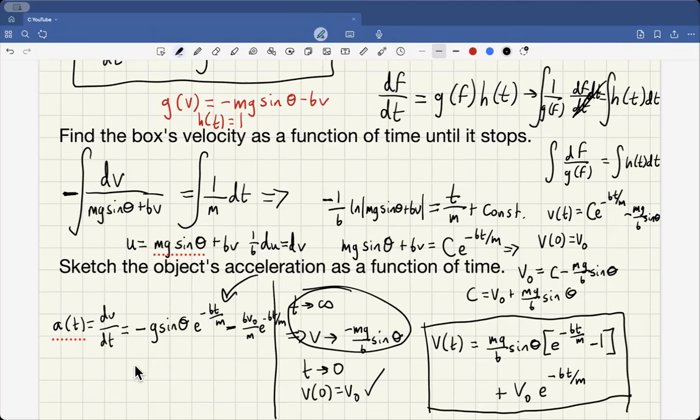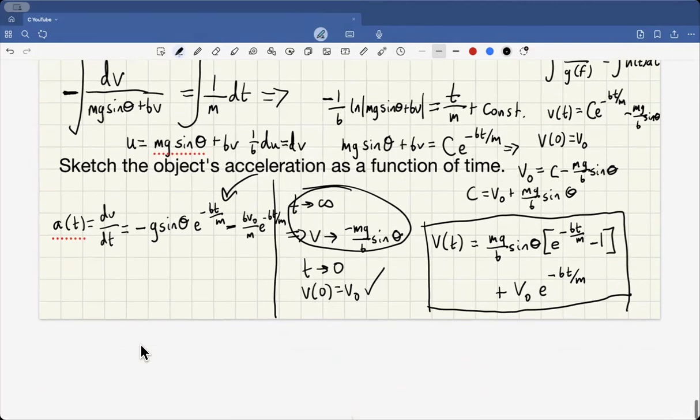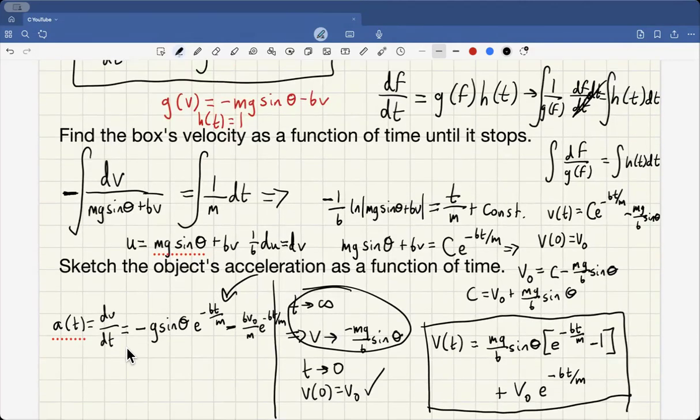So you're getting an exponential decay, but it starts at a negative, as it should, because our positive was up the ramp. So this will have a negative acceleration, aka net force down the ramp. It starts off at a value of negative g sine theta minus bv0 over m, and it'll approach 0. So it should look something along the lines of that.